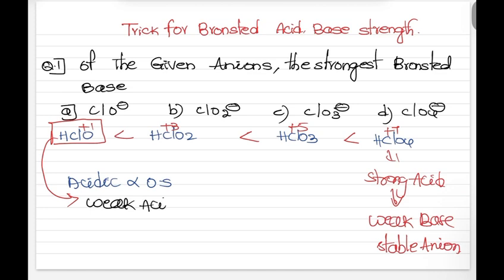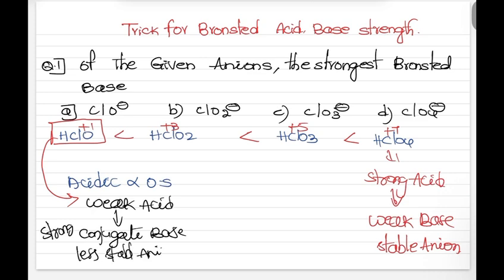A weak acid, on removing the H plus, forms a strong conjugate base, meaning a less stable anion, the strongest anion. So option A is the correct one here.